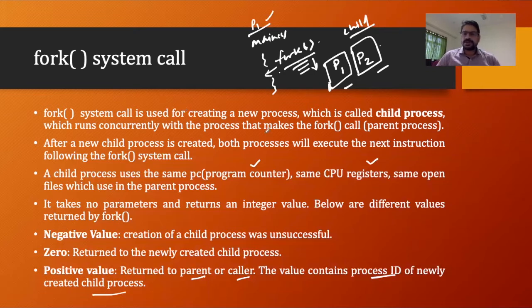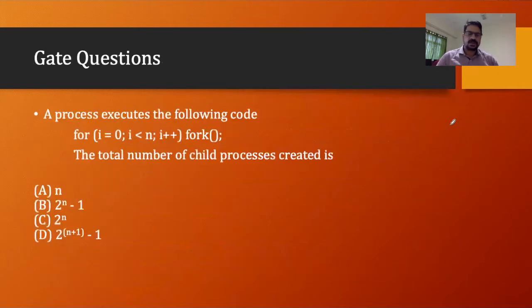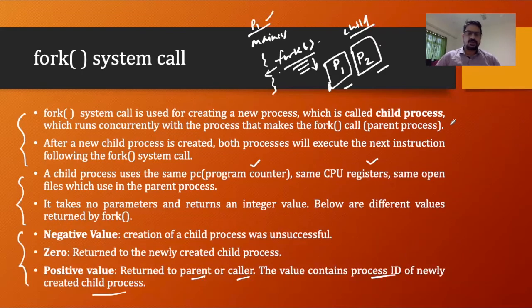I hope you understood it. Most of the functionality I have just discussed, you can find in my previously suggested video. Now let's talk about the fork system call and try to understand it with different types of programs.